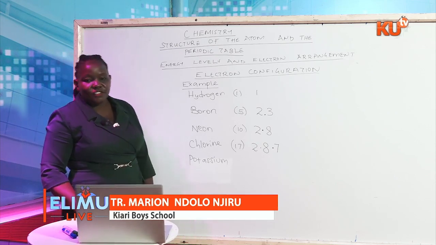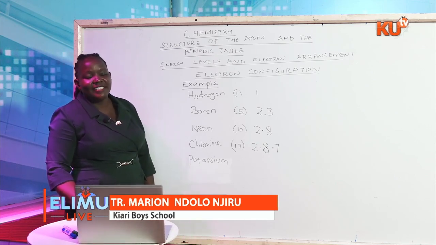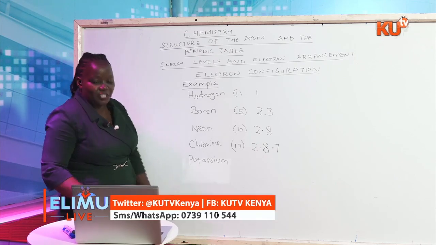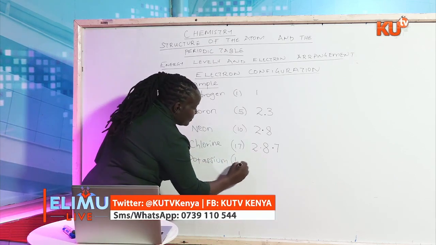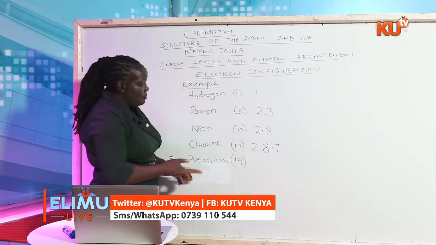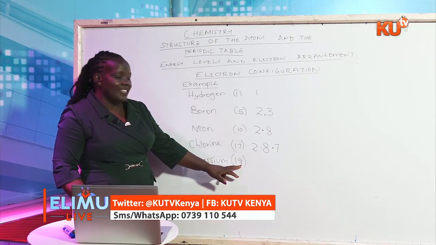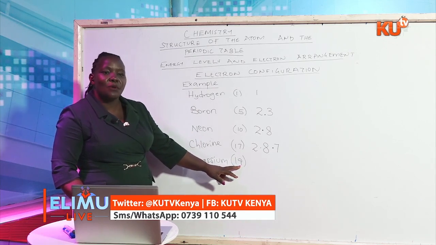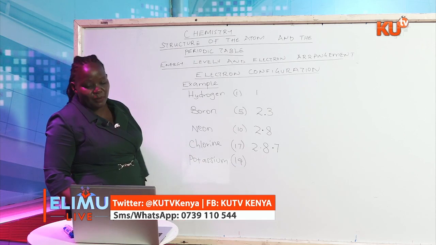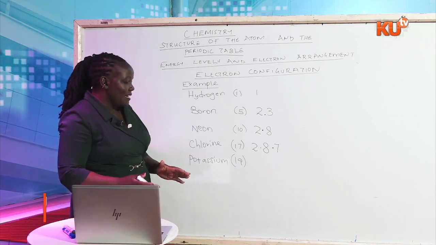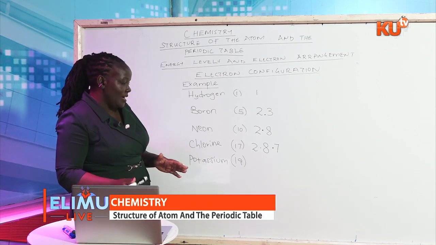What that means is that we have 19 electrons in an atom of potassium. So potassium is among the elements that we talked about earlier. Its atomic number is between 1 and 20.